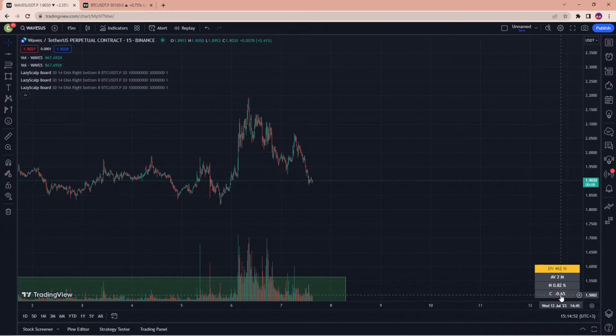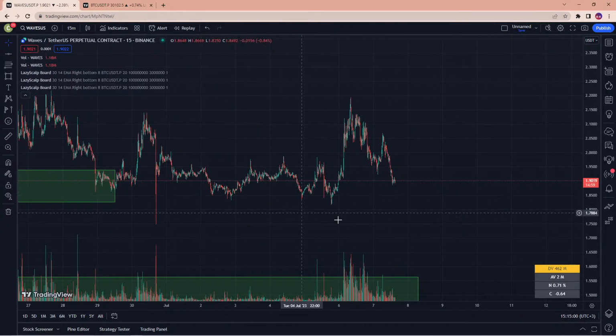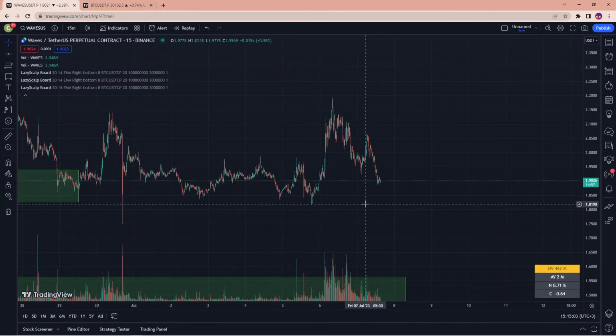We have negative correlation with the Bitcoin. And sometimes it's good, because trading instruments with negative correlation gives us the opportunity to trade the instrument with very small oversight after the BTC.